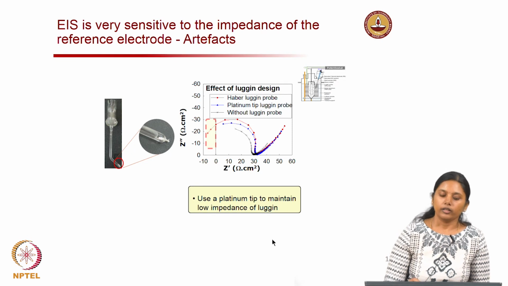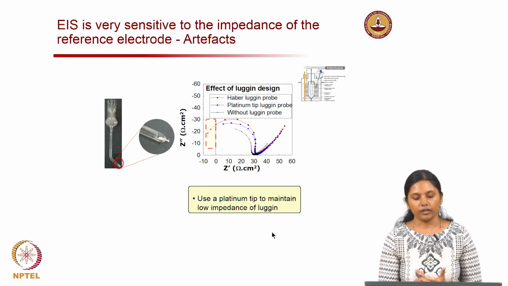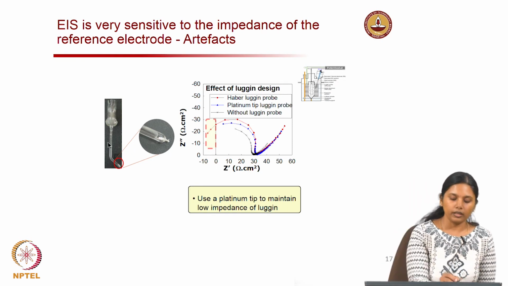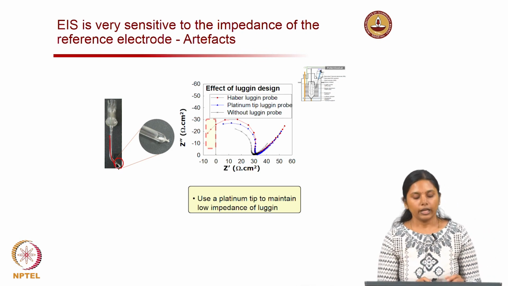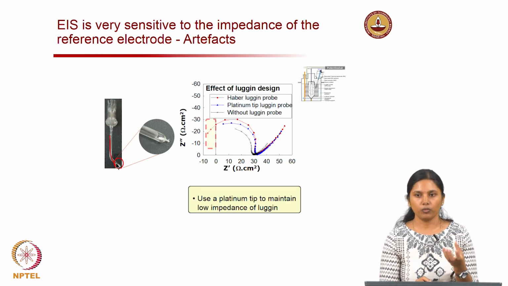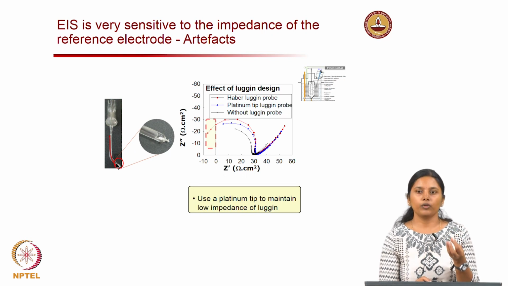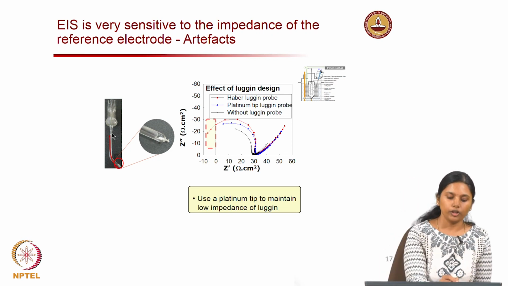Then there are other kinds of artifacts that are induced because of the impedance of the Luggin probe. If your Luggin probe is narrow, or has some bubbles, or has some crystallization that happened in the solution, all this will create a high impedance inside the tube.